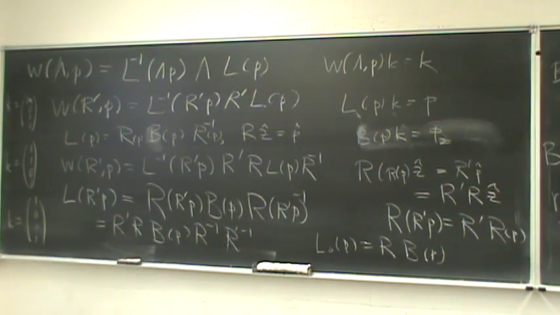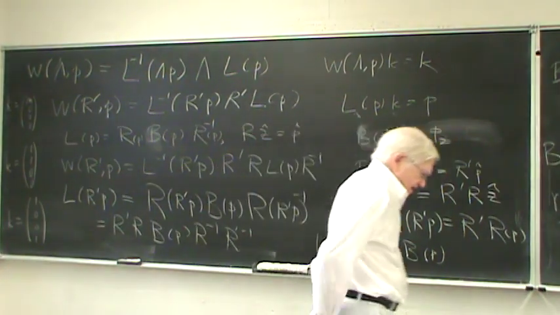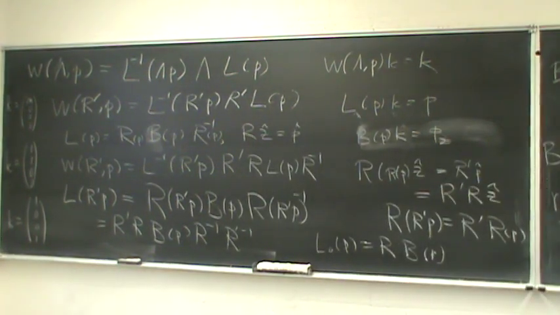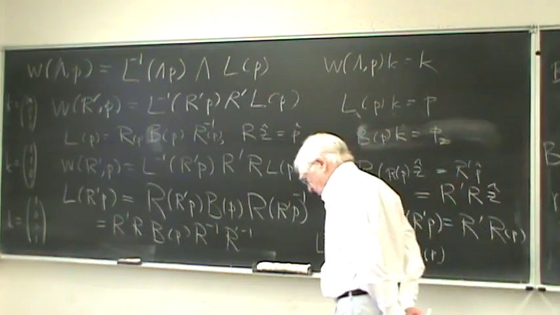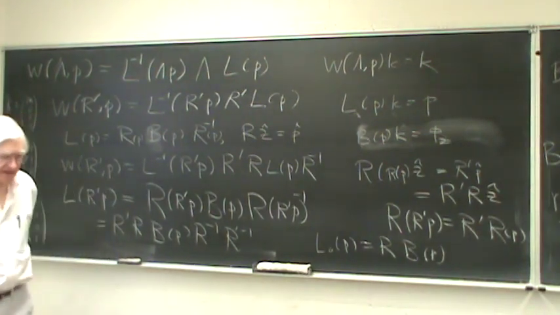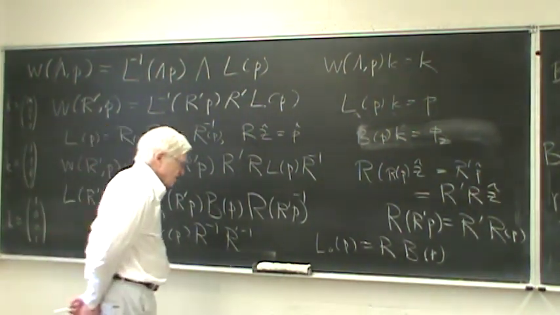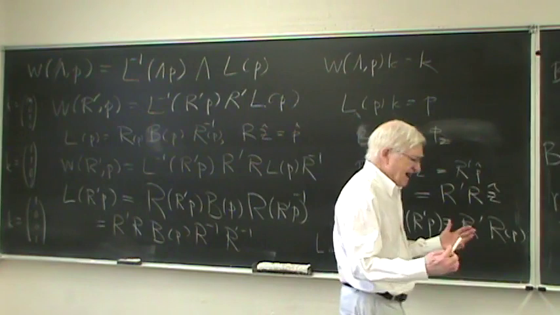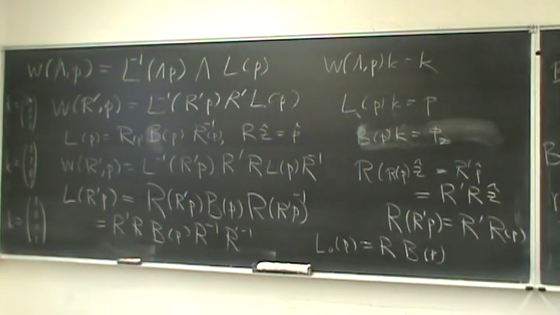Remember, when we talked about the Wigner group, the little group, last time, and looked at the case of massless particles, the way I did it in class, I had K in the one direction, and the element of the little group was a rotation about the one direction.